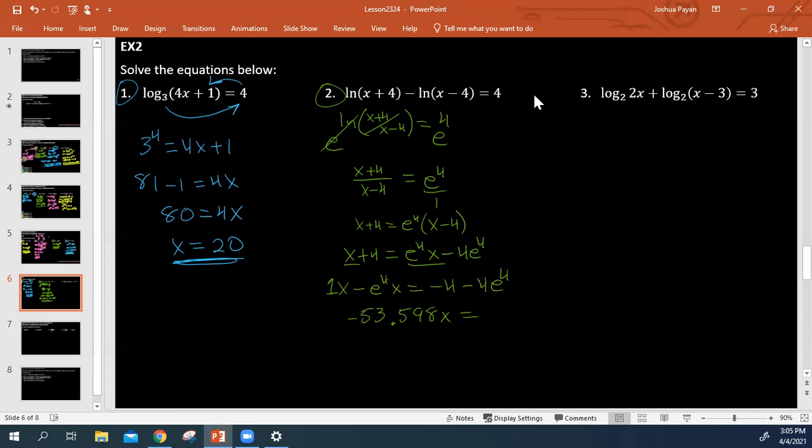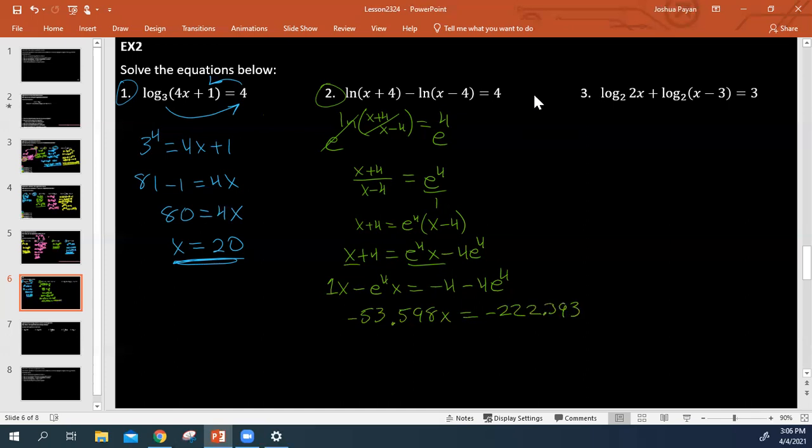And then over here, this is going to end up with negative 4 minus 4 times e raised to the 4th. That's going to be approximately negative 222.393.